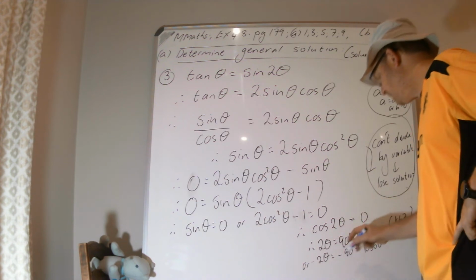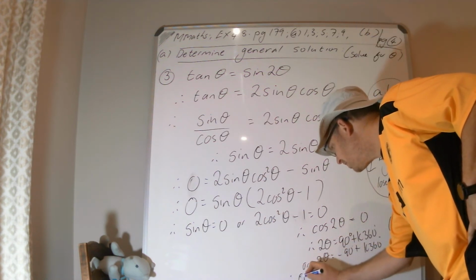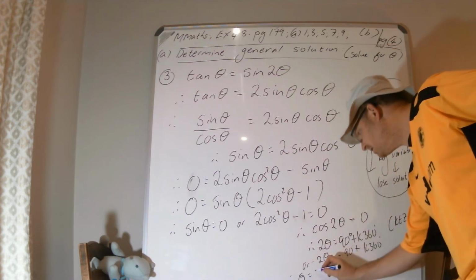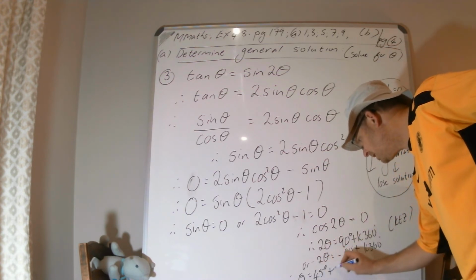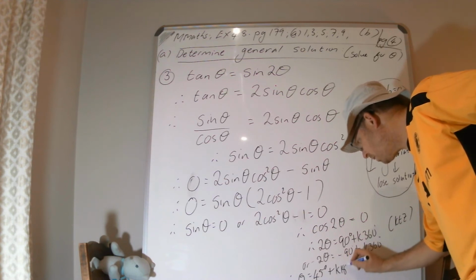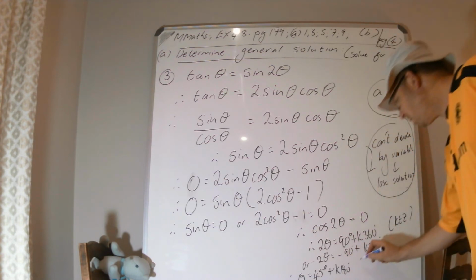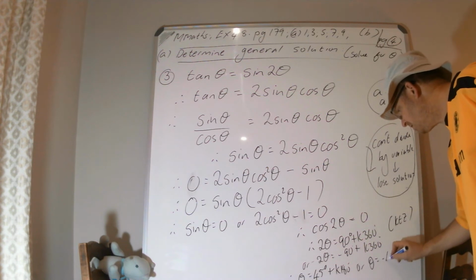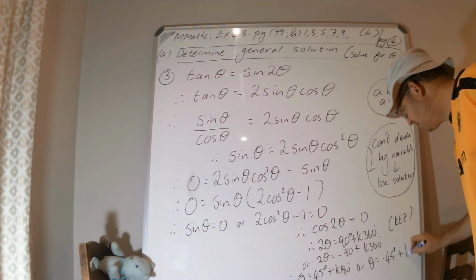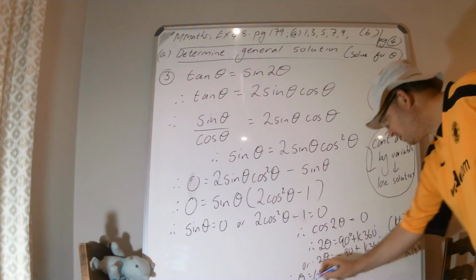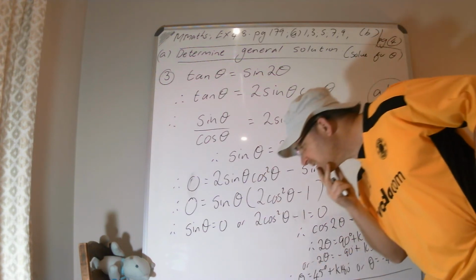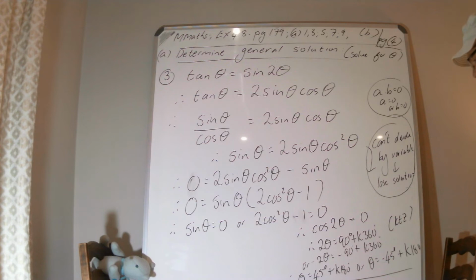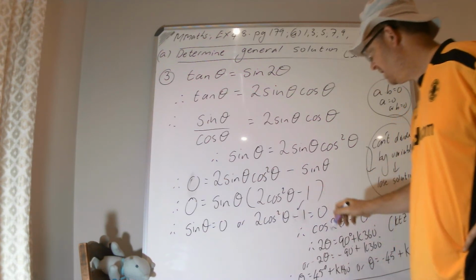If you divide both by 2, you get therefore theta is 45 degrees plus k 180, or theta is equal to negative 45 plus k 180. So that's that side of the equation over there: 45 plus k 180, or negative 45 plus k 180. Hope that makes sense.